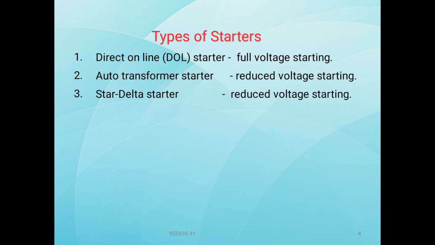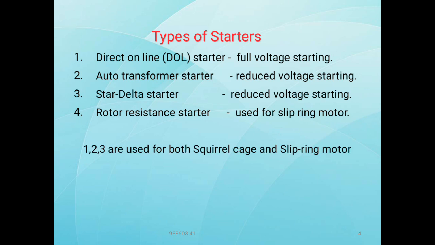The star delta starter, it is reduced voltage starting. Rotor resistance starter, it is used for slip ring motor. We know 1, 2, 3 are used for squirrel cage and slip ring, and 4 is used for slip ring induction motor.